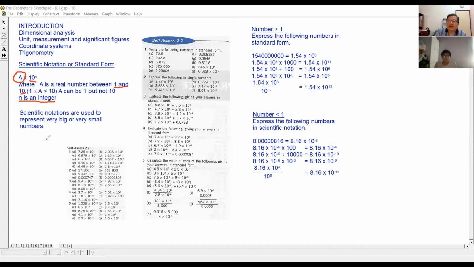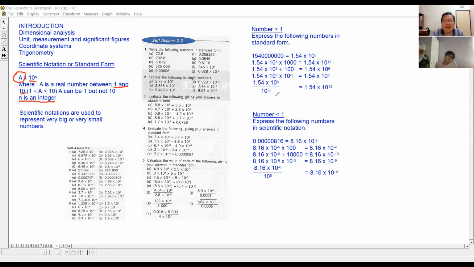Or sometimes when we examine cells, living things, or maybe viruses, they are very small in size. If you want to write out the actual number, it will be 0.0000 something. So to avoid writing very long numbers, we use scientific notation to shorten the number.